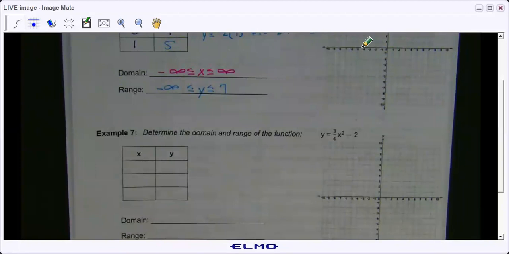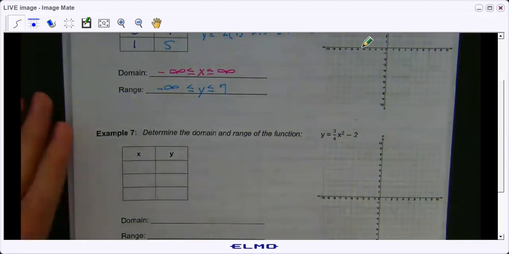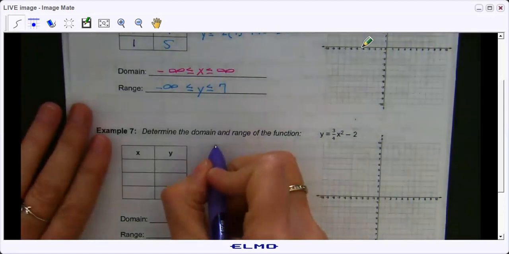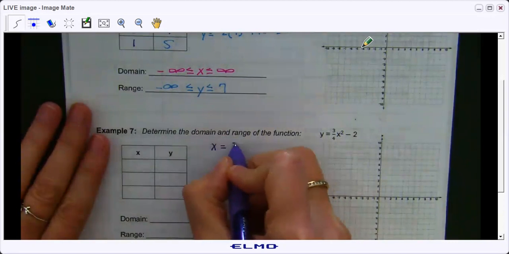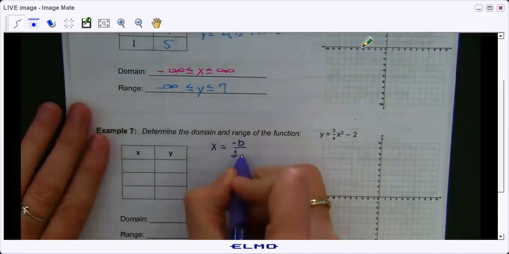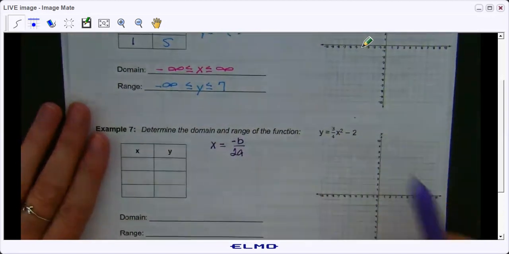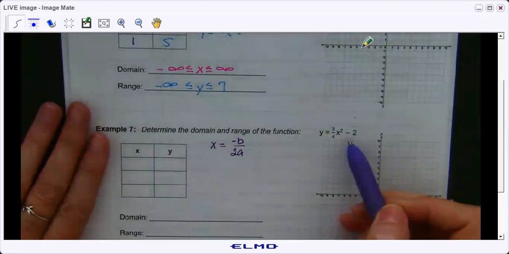Okay, so let's go ahead and continue with example 7 here. Like I said, trying to find the vertex is a lot of times easier to help you graph the parabola. So I'm going to write out our vertex formula. x equals -b over 2a. Notice we don't have a b in this one again.